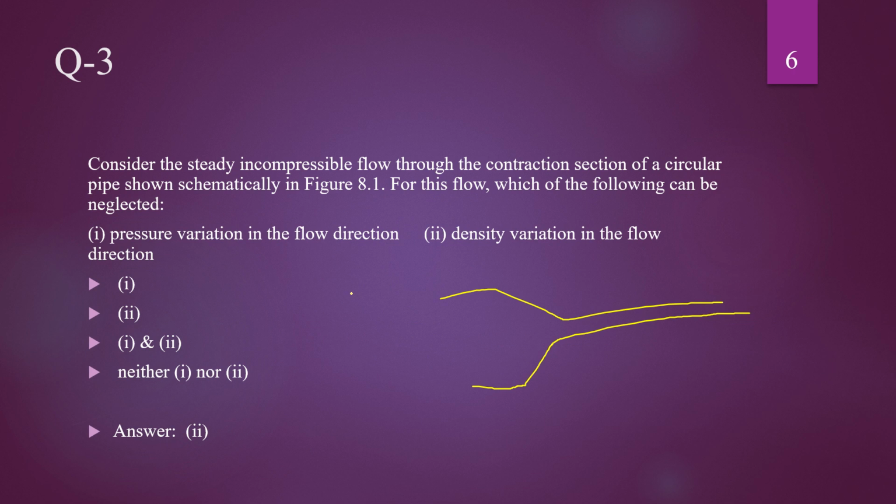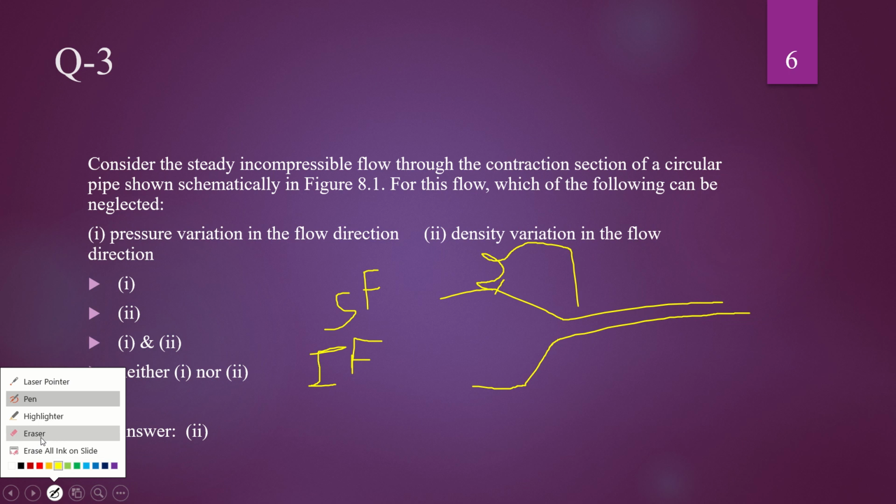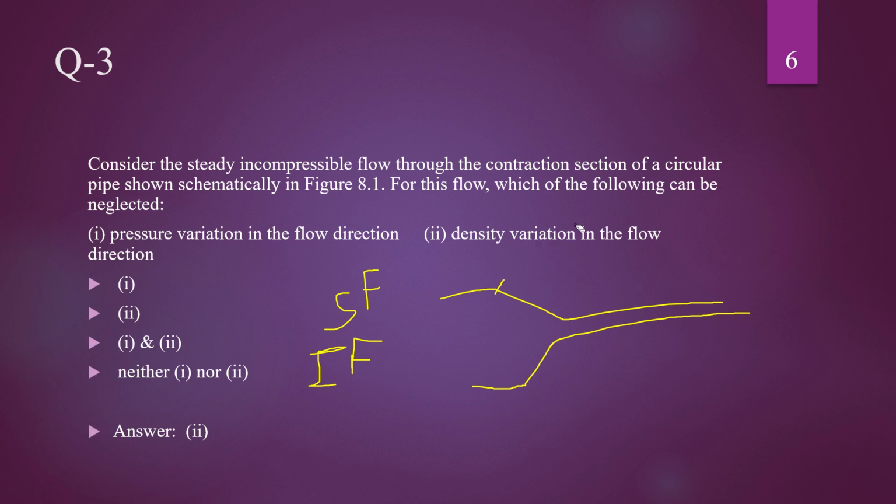Consider a steady flow. So we are dealing with a steady, incompressible flow through the contraction section of a circular pipe as shown, a cylindrical circular pipe.